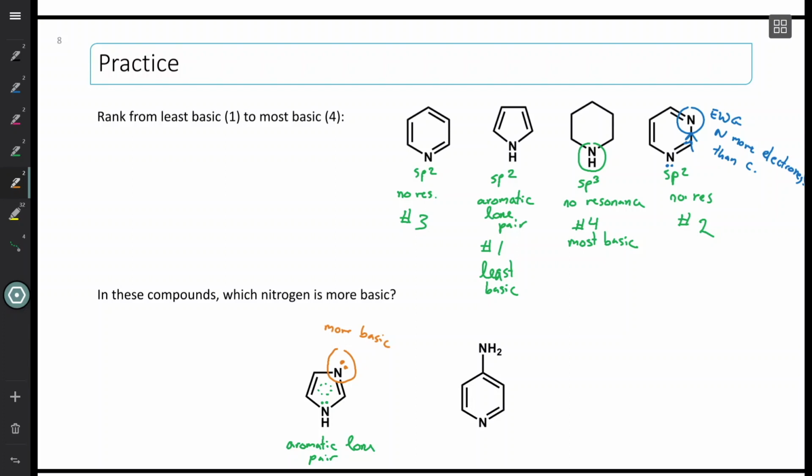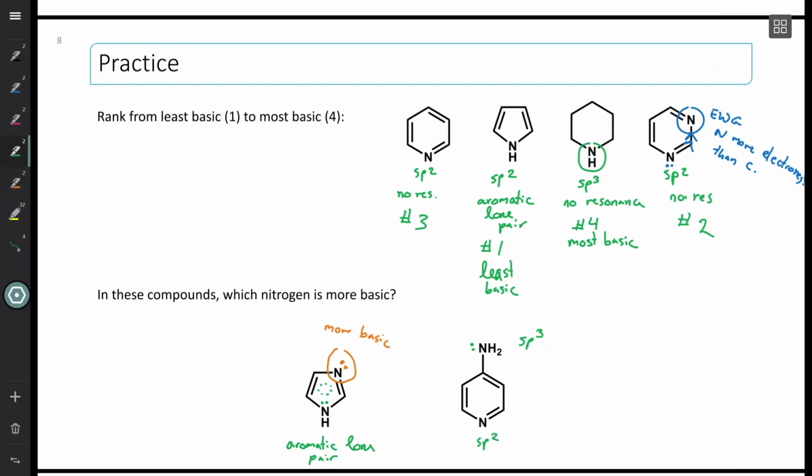Okay, now let's compare here. This is an aniline, well, a pyridine with an amine on it. At first glance, I think, oh, this is an sp3 amine versus an sp2.